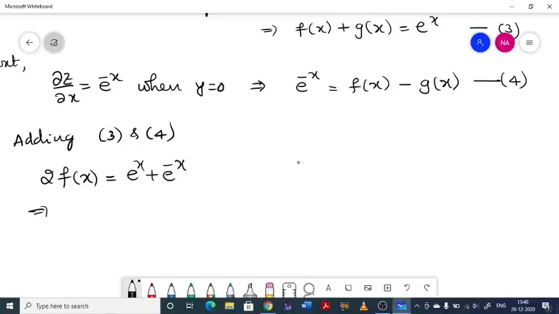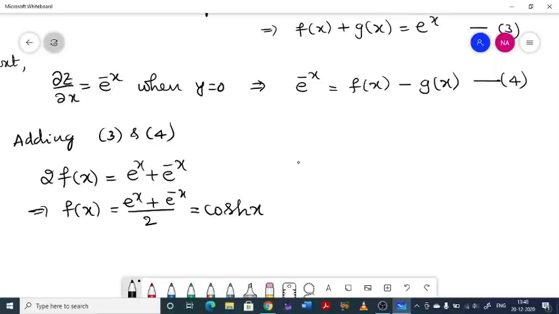So that implies f of x equal to e power x plus e power minus x by 2. But this is nothing but cos hyperbolic x.